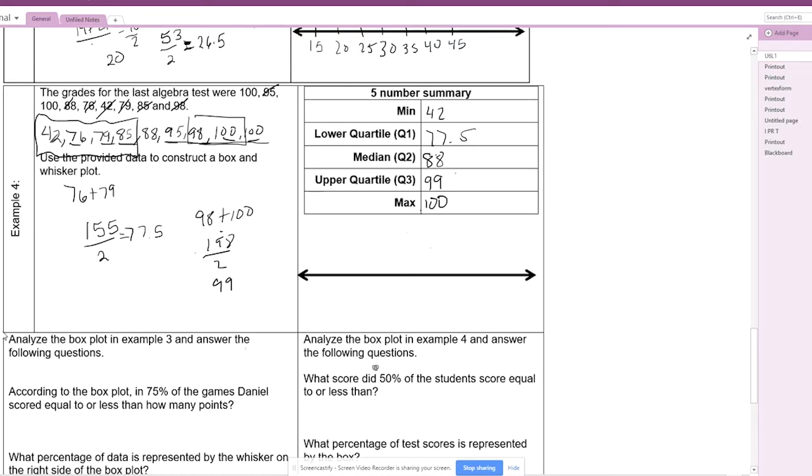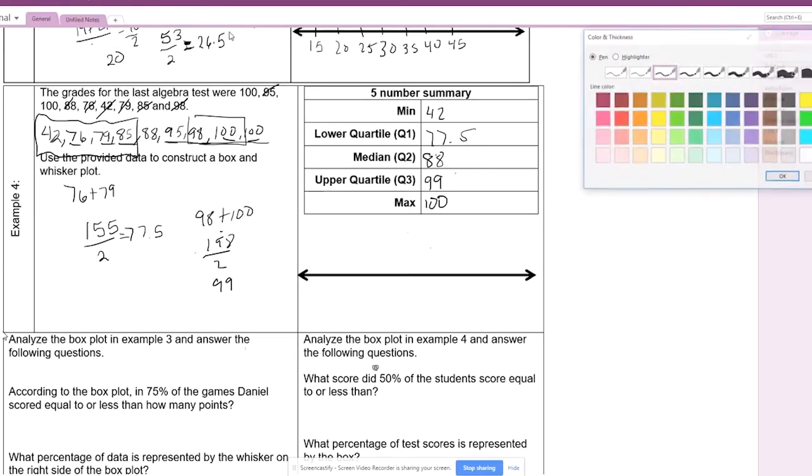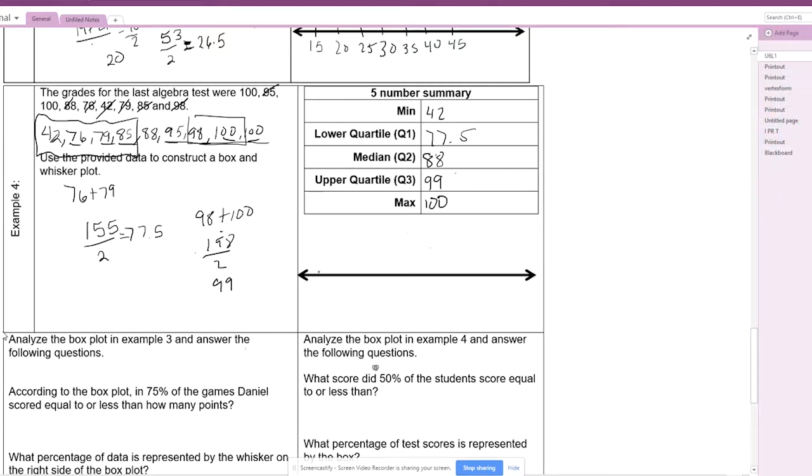All right, let's draw our box and the whisker plot now. Let me fix my line here. All right. So we are going to go to, let's start with 40.